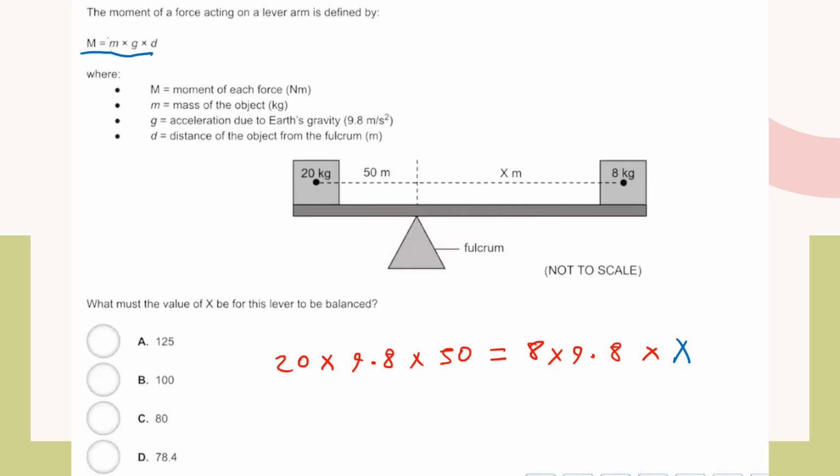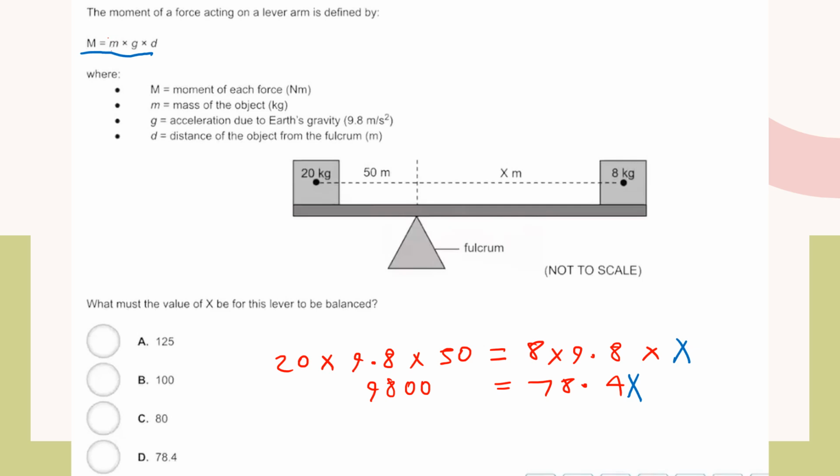Okay, so if we simplify this, we find that 98 equals 78.4x.